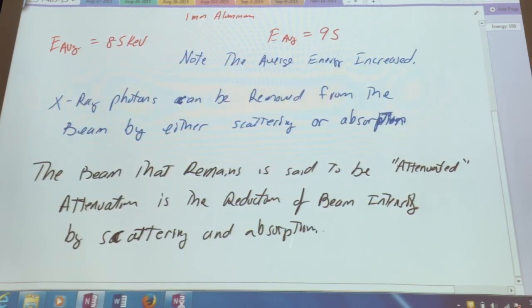So attenuation is just a reduction of the beam intensity by scattering and absorption. That's another special word that has a special use and meaning that you need to recognize when you see it.